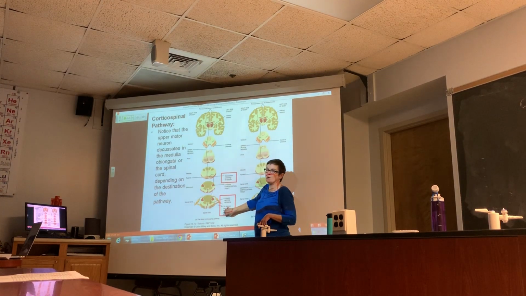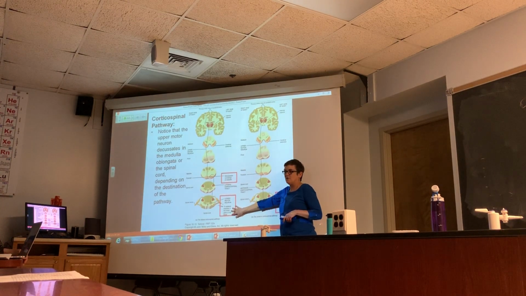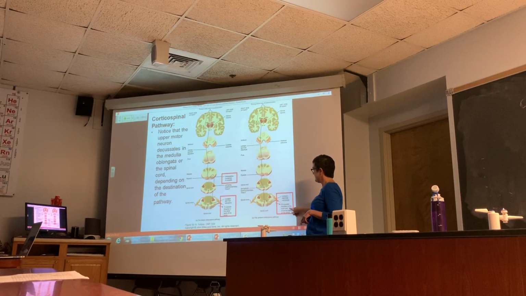I'm not concerned about where the impulses are going. I just want you to know that depending on where they're going, like here they're going to other parts of the body, like the trunk and the proximal parts of limbs.